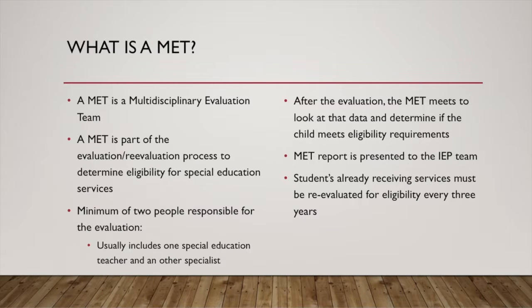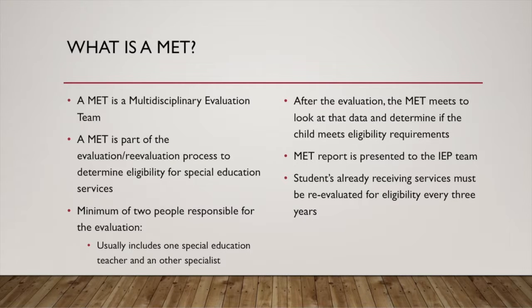What is a MET? So a MET is a multidisciplinary evaluation team. A MET is part of the evaluation-reevaluation process to determine eligibility for special education services. The minimum of 2 people responsible for the evaluation usually includes 1 special education teacher and another specialist.